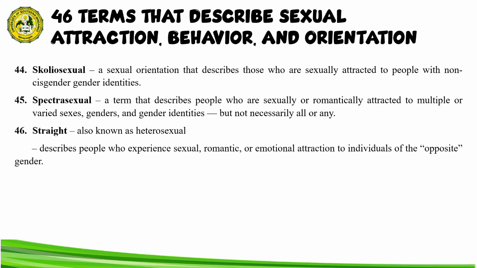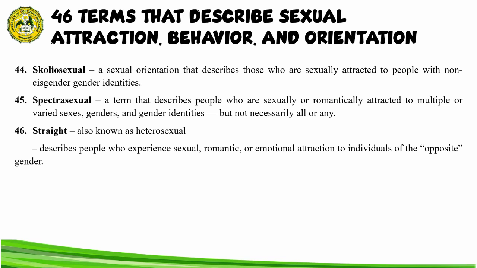Next, we have the spectrosexual. Spectrosexual is not a widely recognized or commonly used term within the context of sexual orientation. It's possible that the term is a relatively new or niche concept that may not have gained widespread recognition or acceptance. However, without more context or a well-established definition, it's challenging to provide a specific explanation for spectrosexual.